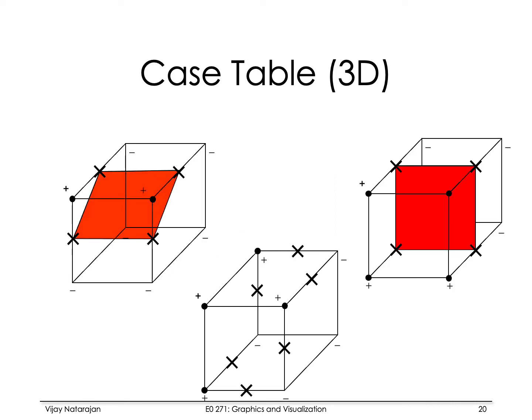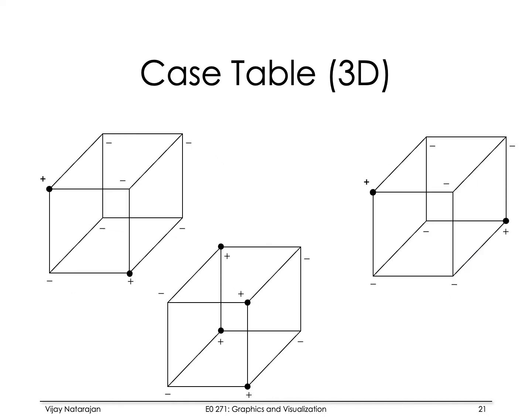We saw isosurfaces for a few other configurations as well. The number of triangles constituting the isosurface could vary from 1 to 2 to 3 and in some cases 4 and 5 also.